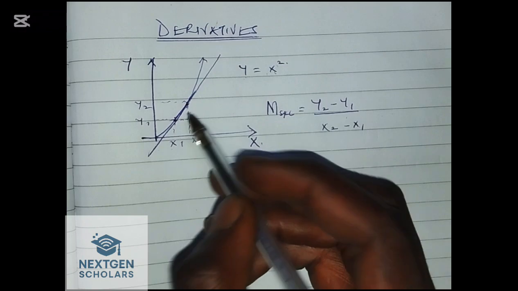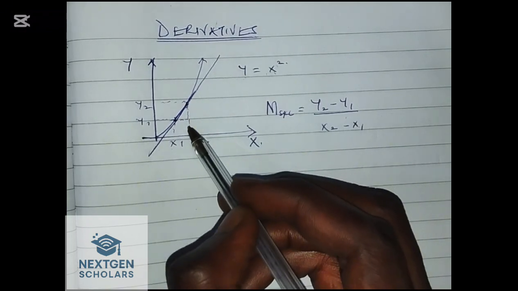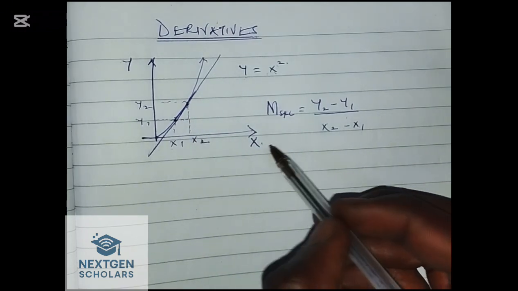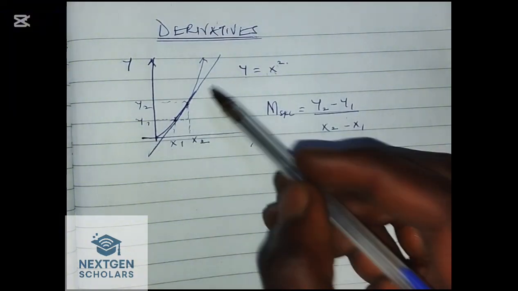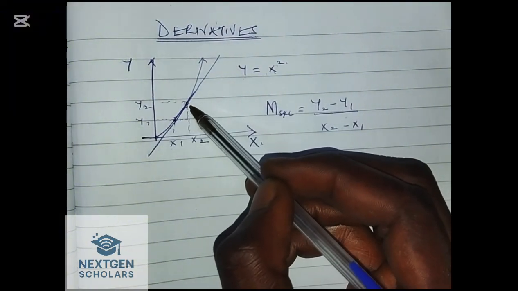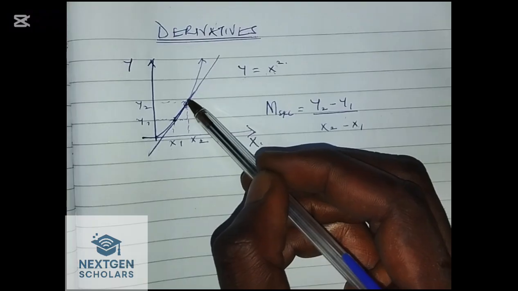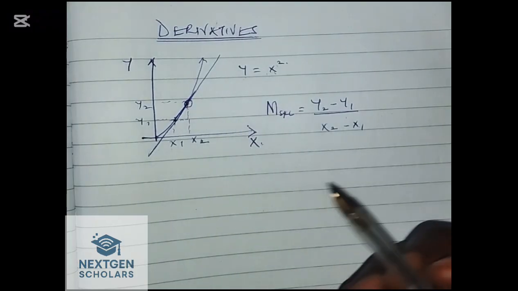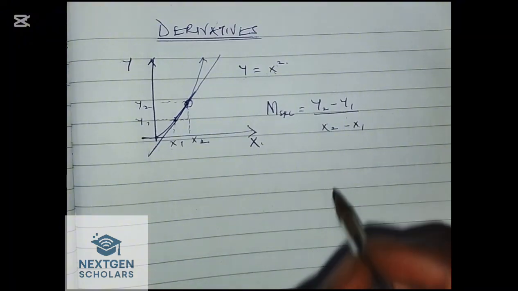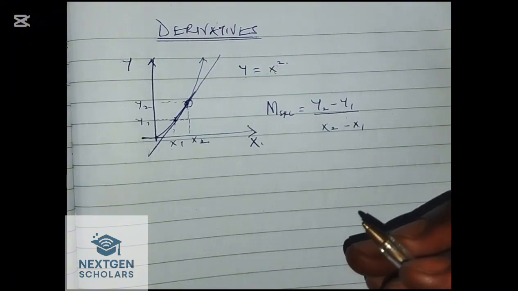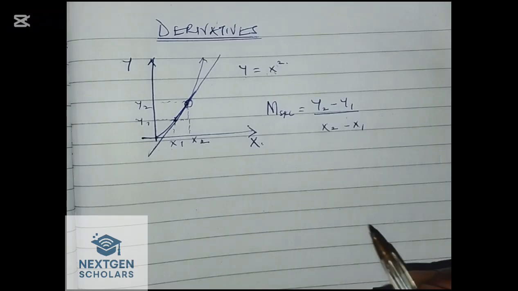Imagine that at an instant of time, most times we represent our x with time and our y with distance. At an instant of time, we may be asked to find the slope of this function at this point. That's what we mean by the definition that the derivative is a function that gives us the slope of a tangent line of some original function.